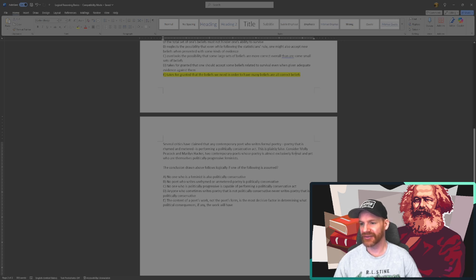And then these two are presented as contemporary poets who almost exclusively write in a formal way, and yet who are themselves politically progressive feminists. And the content of the poet's work, not their form, is the most decisive factor in determining what political consequences, if any, the work will have. So I think that it is E, actually.